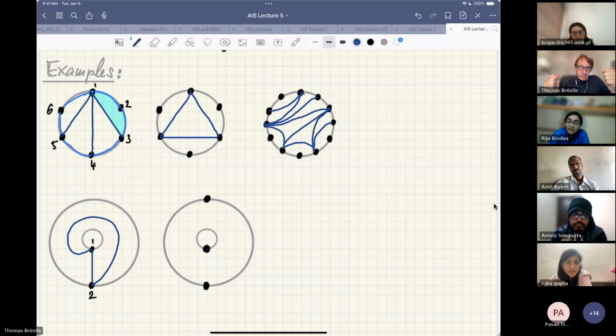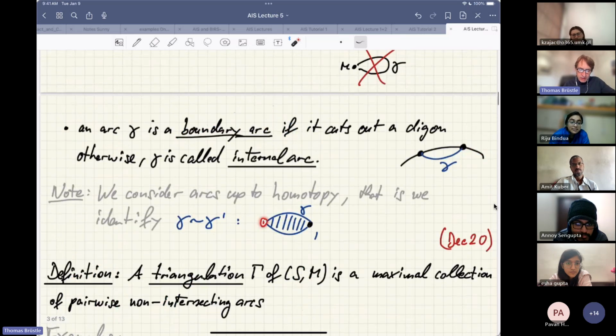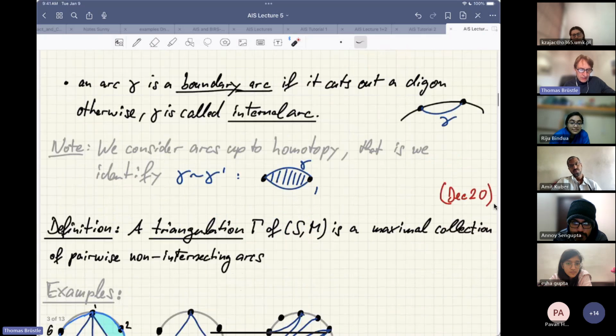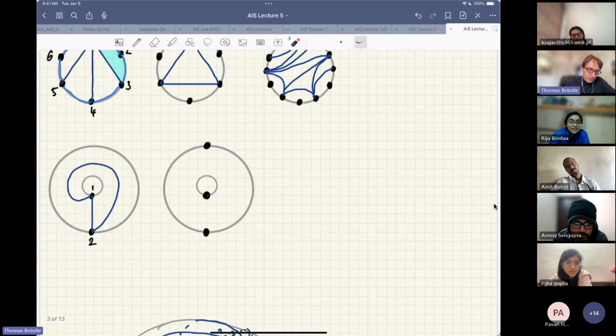I could not take that arc and move the point down here. No, I mean the homotopies are homotopies that fix endpoints. And there's no homotopy. I cannot transform this arc into that one by keeping the endpoints fixed.